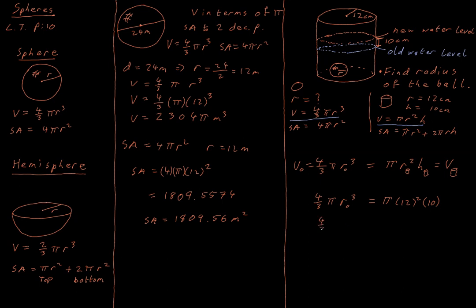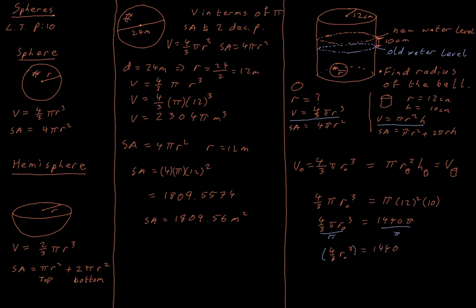So we have 4/3 pi r0 cubed is equal to pi times, let's put in the number, 1440 pi. Now I have a common factor of pi, so I can divide both sides by pi to get rid of my awkward looking number, and then I have 4/3 r0 cubed is equal to 1440.